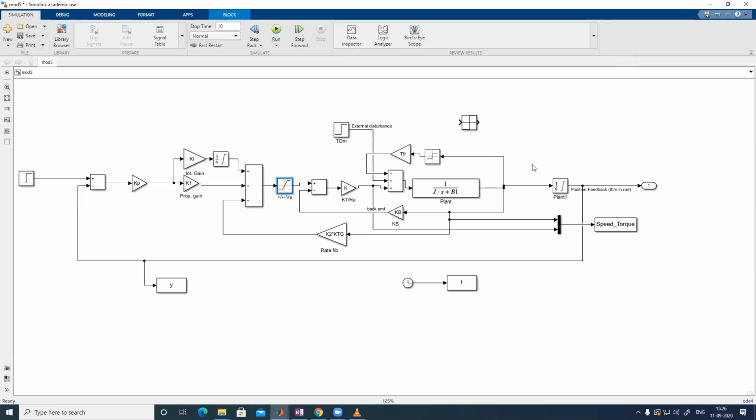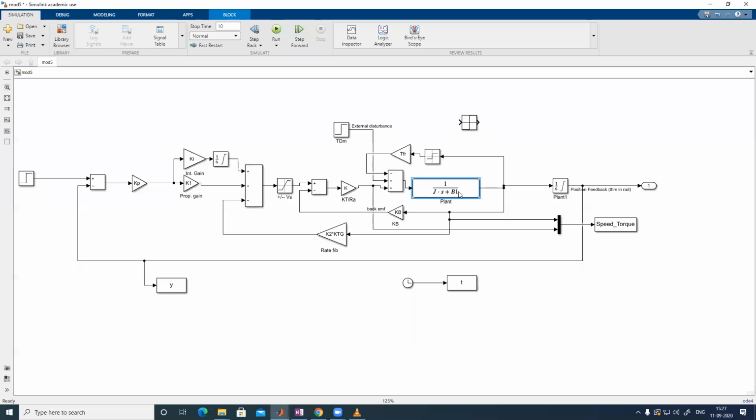This is model number 5. This is JS plus B1 only, not B, because we are doing this KB part, which I have now taken out. This KB is like this, so it is B1, and this KT KB by RI will be coming in the loop only.